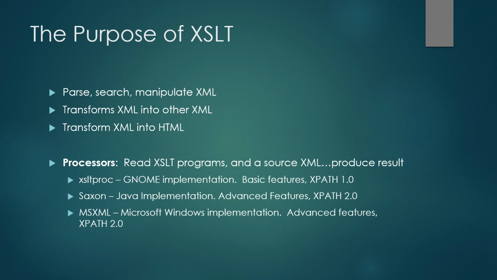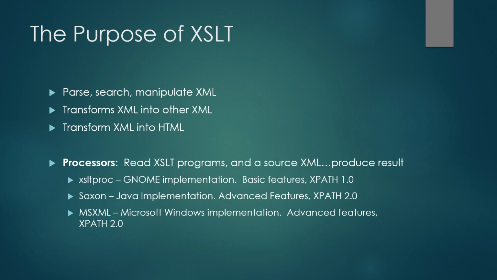XSLTproc is the one that we'll use in our examples here, which is a GNOME implementation. It has very basic features, and it has only the first version of XPath, so there's a few keywords that are missing. Sometimes I find myself fighting this, but that's all I get from XSLT. And it's a bash scriptable guy.